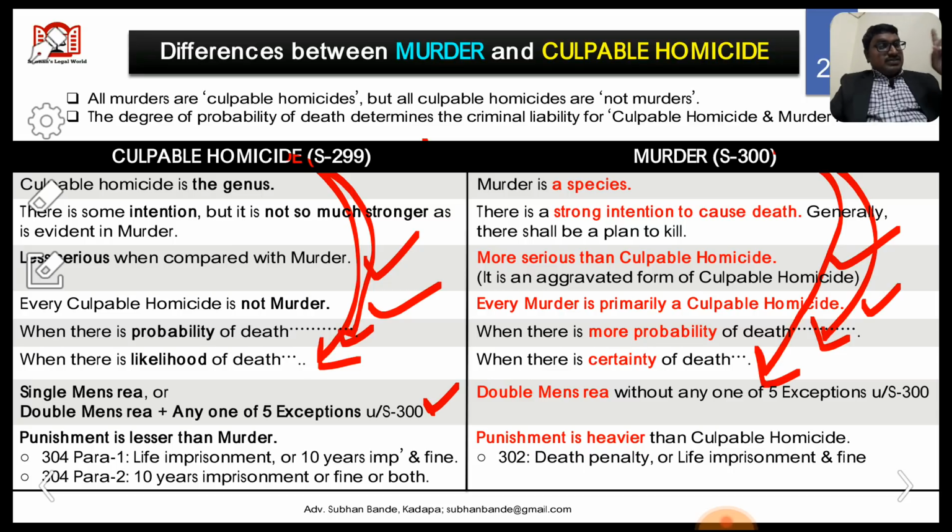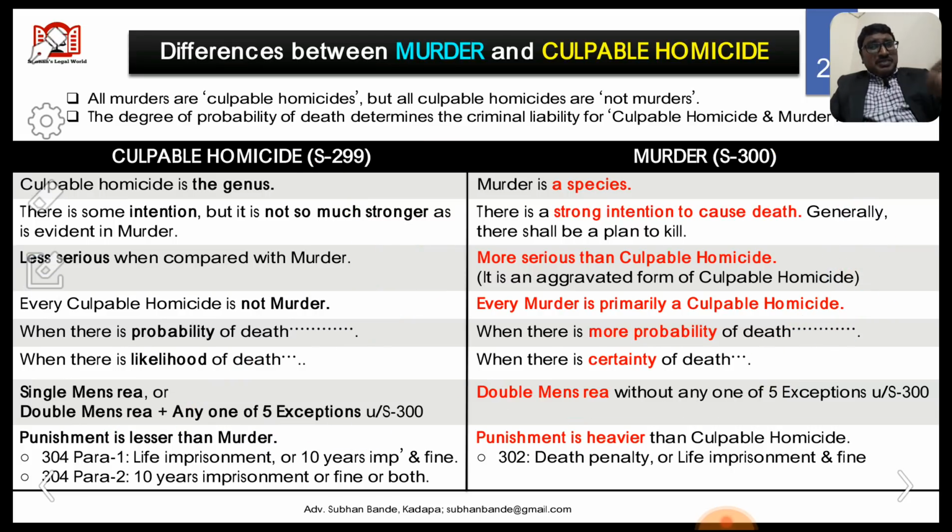There is always double mens rea without any one of the exceptions specified under section 300 for murder. There is a single mens rea or double mens rea with any one of the exceptions for culpable homicide. The punishment is lesser than murder. The punishment is heavier than culpable homicide.